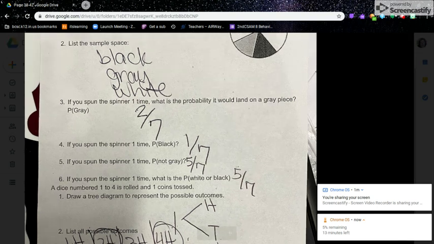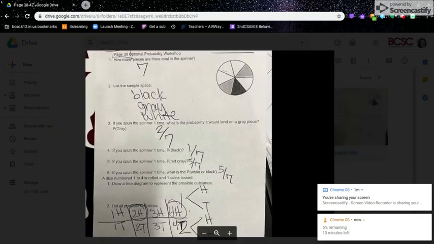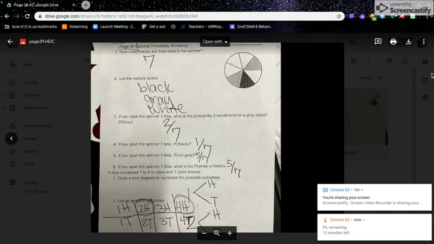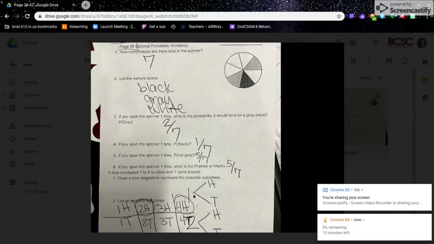Now down here, we're going to draw a tree diagram. So yeah, let's look at it. If you're rolling a dice, 1 to 4, so it's a 4-sided dice, and then you're flipping 1 coin and getting either heads or tails.